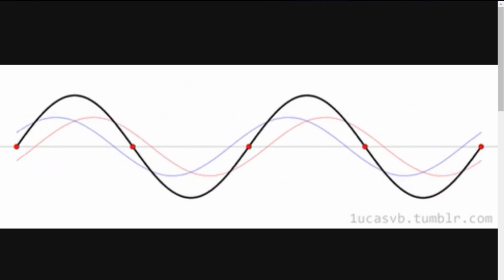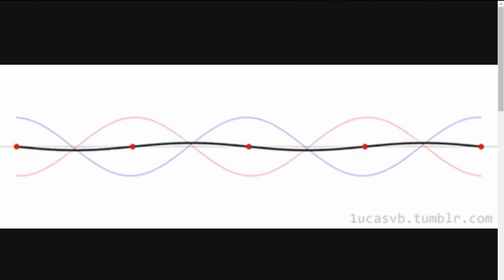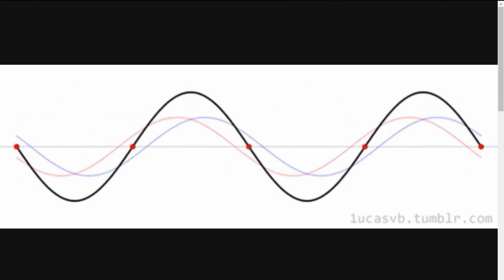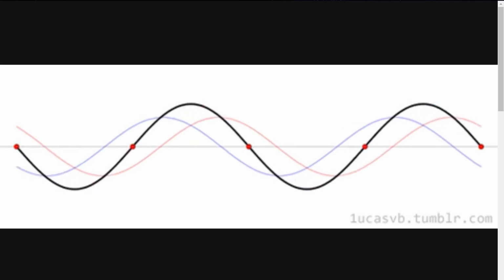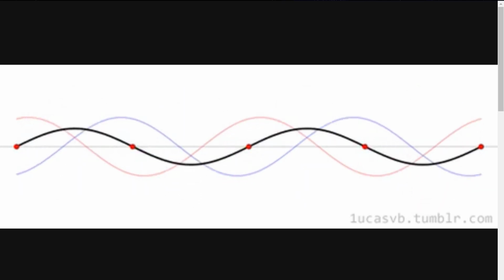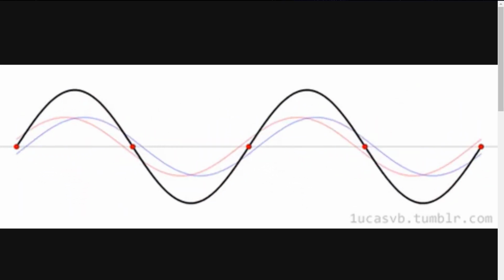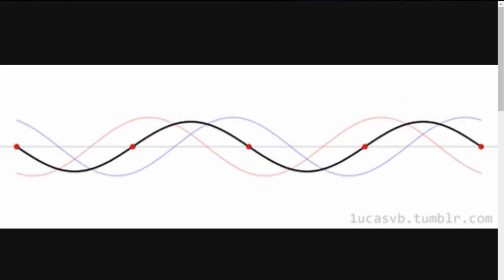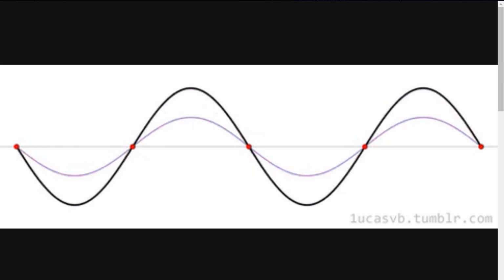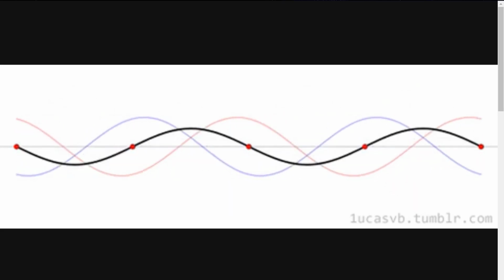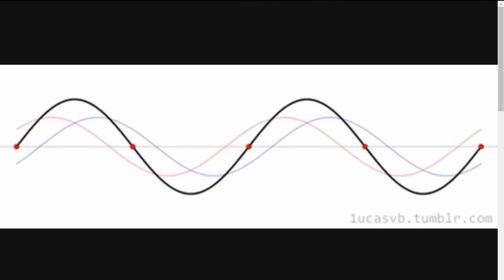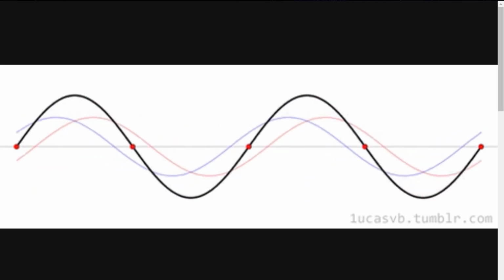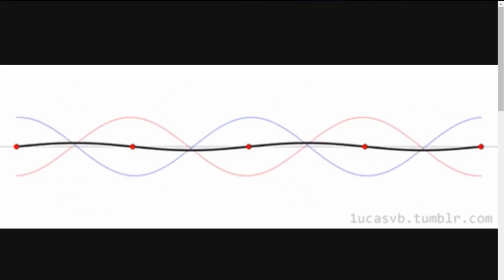I'll draw a diagram to show and label what everything is, but you can see that in between these nodes we actually get constructive interference all the time, because they're always in phase at this point, whereas they're always in antiphase at the nodes. So we have a mixture of the progressive waves being both in phase and in antiphase at the same time.